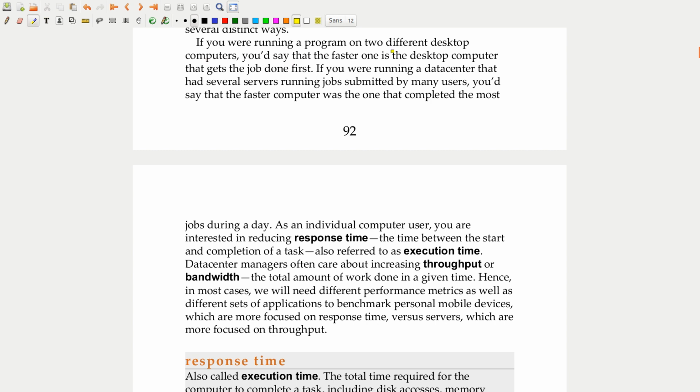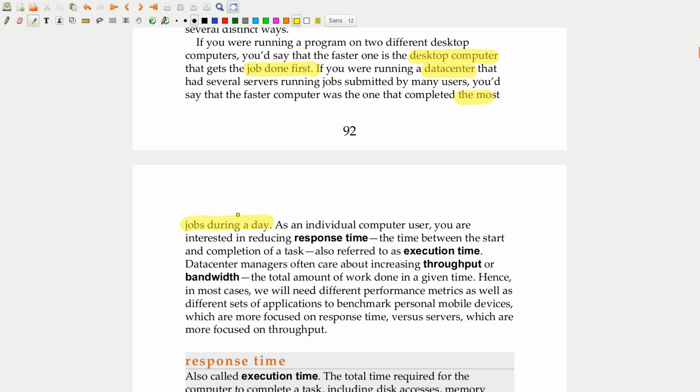So if we're running a program on two different desktop computers, you'd say the faster one is the desktop computer that gets the job done first. So we'll just highlight that. Desktop, we're looking at job done first. But if we're running a data center that had several servers running jobs submitted by many users, you'd say the fastest computer was the one that completed the most jobs during the day.